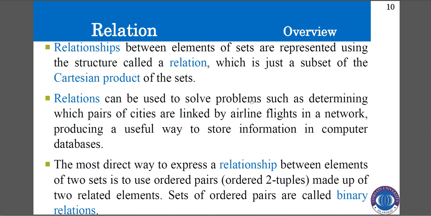Relations can be used to solve problems such as determining which pairs of cities are linked by airline flights in a network, and they provide a useful way to store information in a computer database.